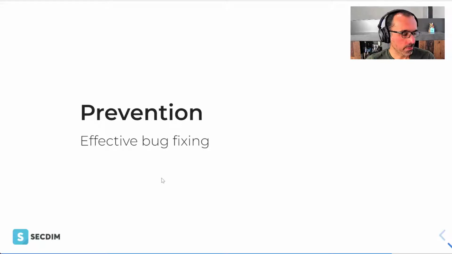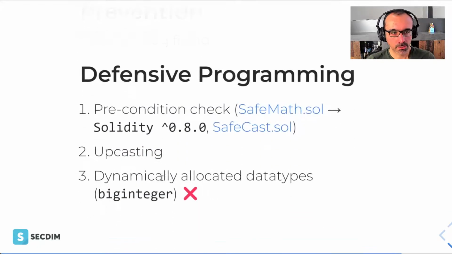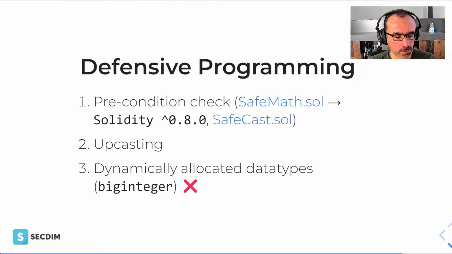What are the patterns we can follow? Since this is a historic bug, there has been a lot of talk around how you can remediate this issue. And three common techniques used to eliminate integer overflow, or any type of numeric overflow, are these three we can see.